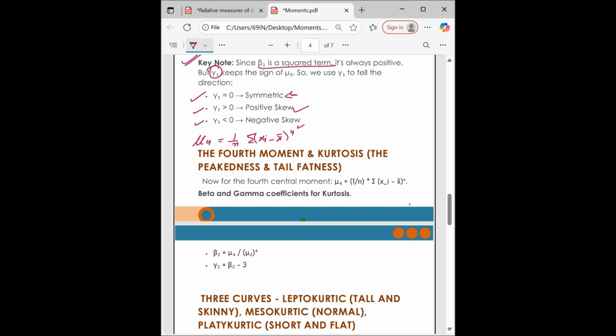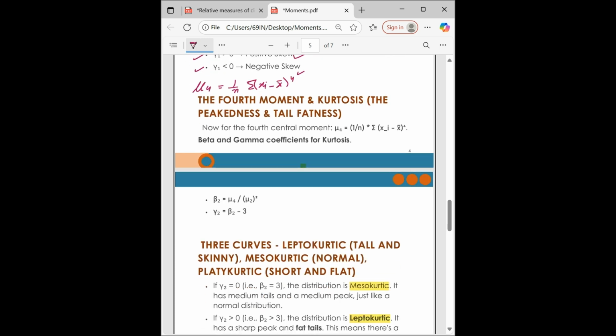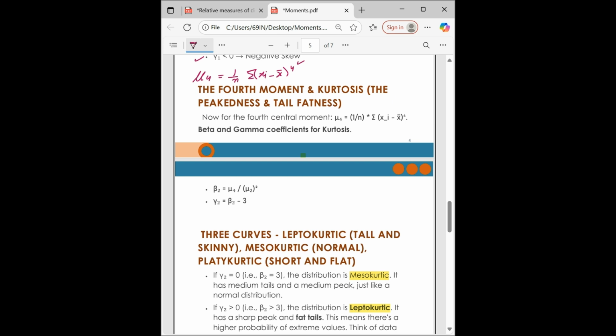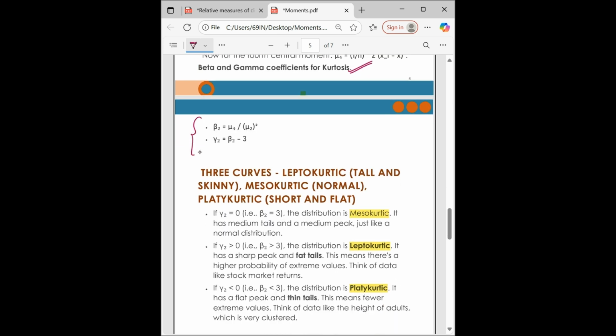Raising to the fourth power heavily emphasizes extreme values in the tails. Mu 4 measures the tailedness or peakedness of a distribution compared to a normal distribution. Again, we standardize it to create a unitless measure, giving us the beta and gamma coefficients for kurtosis. You can see the formulas here.